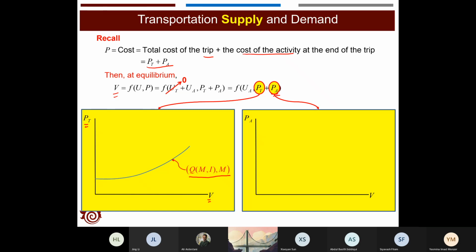So usually compared with the transportation system, PA is not related to the flow on the roads. It's only about the destination. It's not related to the flow on the road. So this is a constant.